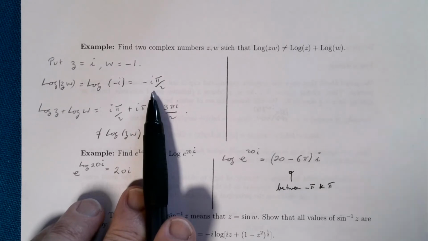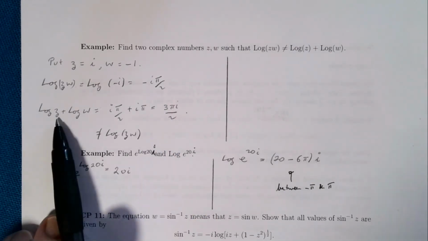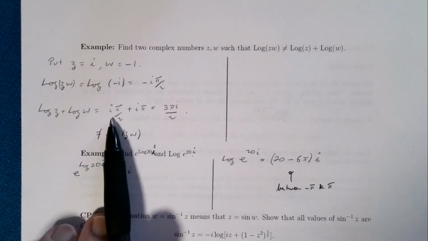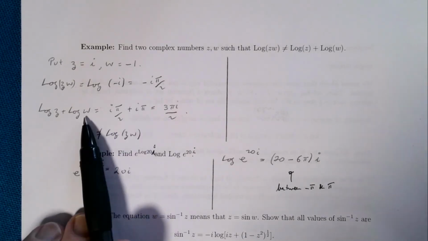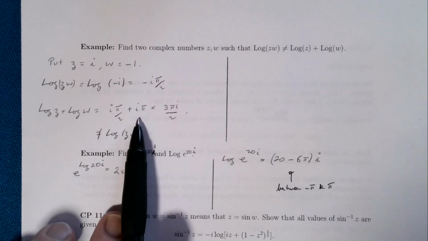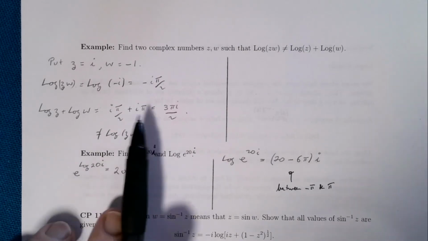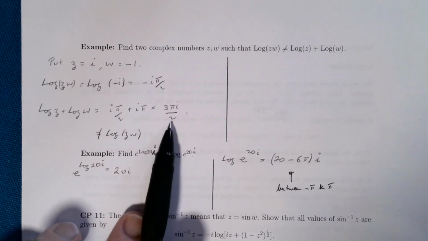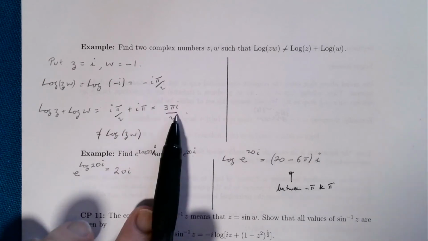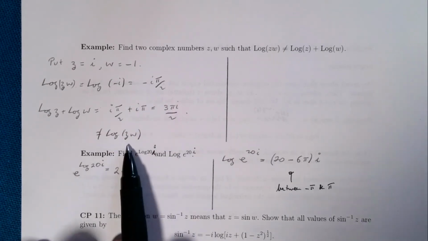On the other hand, if I take the log of z plus the log of w, well, the log of i we've seen is i pi on 2, and we've seen that the log of w is i pi, that's the principal logarithm. Add these together, we get 3 pi on 2, and whoops, these are not the same. So we've lost the log laws, and that's for the principal log.